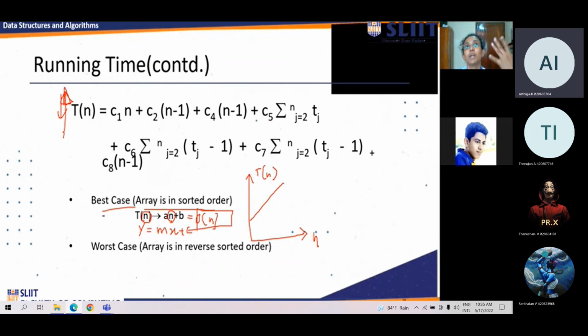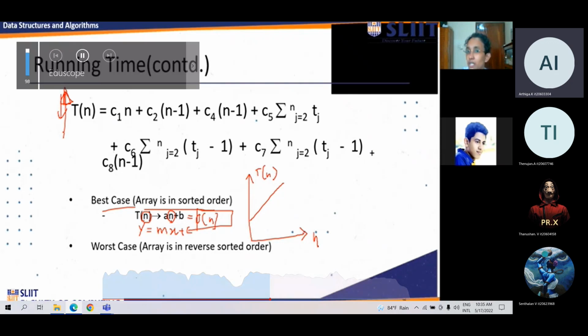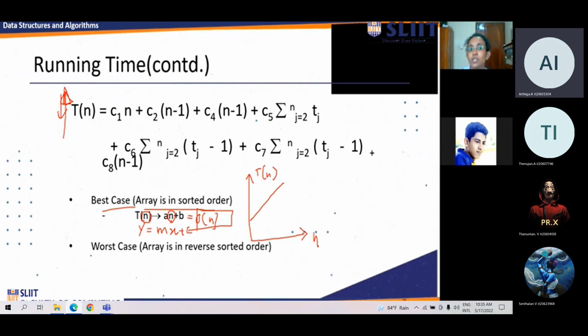Tn will be high means lots of time is taken, so performance will be low. Performance will be low means we don't want that kind of case. So that is the worst case. That is, the array is in reversely sorted order: if we are targeting ascending and you input an array in descending order, that is what we call the worst case.